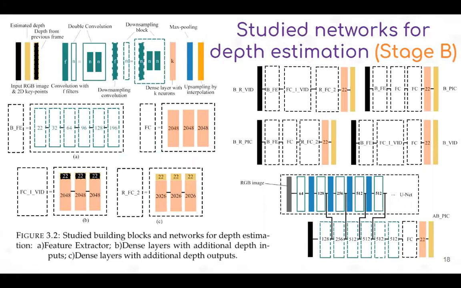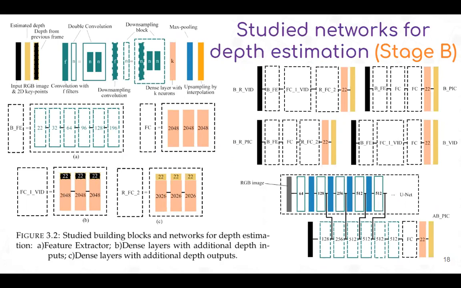Then the stage of depth estimation. We decided not to lose information after we detected 2D key points, to generalize it to 3D by adding depth to each key point. Here we are again testing the video hypothesis and refinement hypothesis.